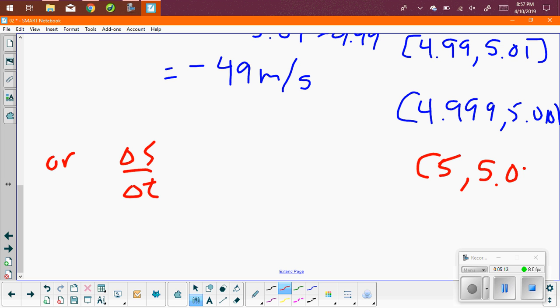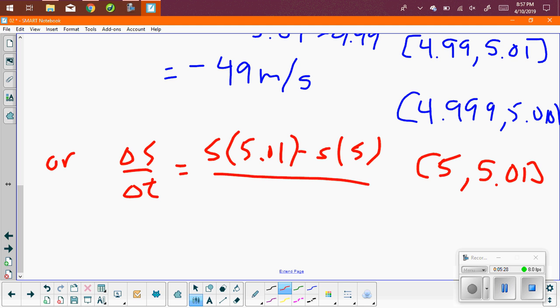So 5.01. My calculation this time would be S of 5.01 minus S of 5, over 5.01 minus 5.